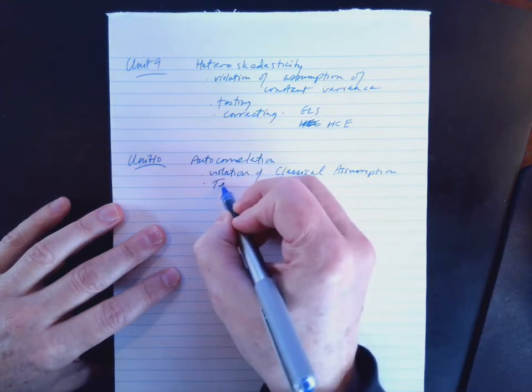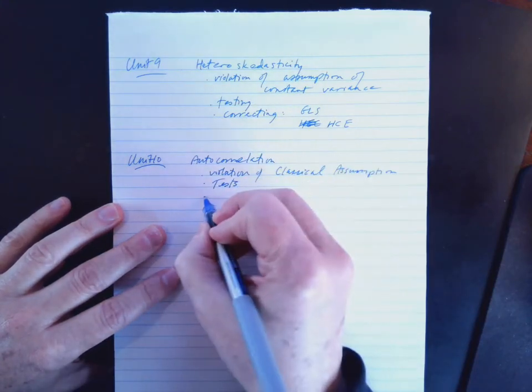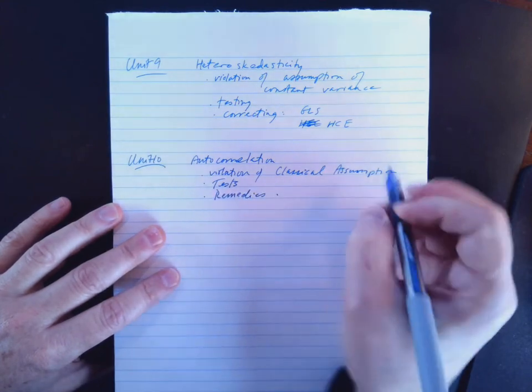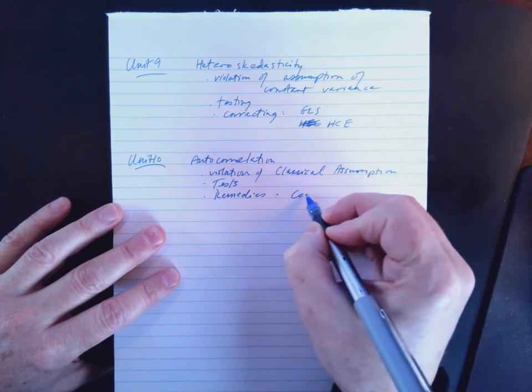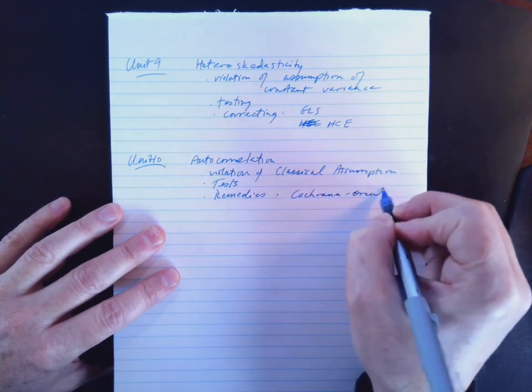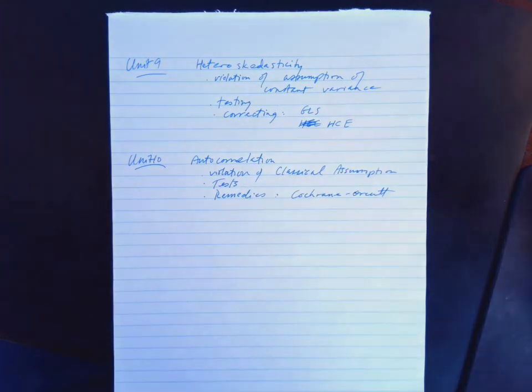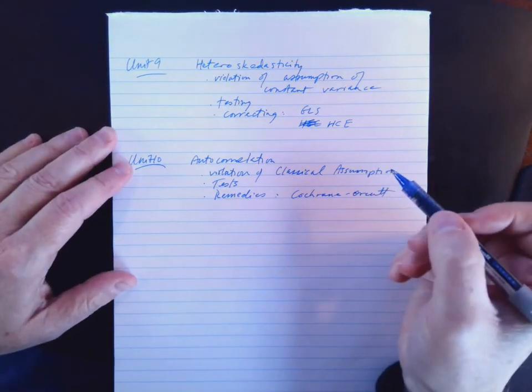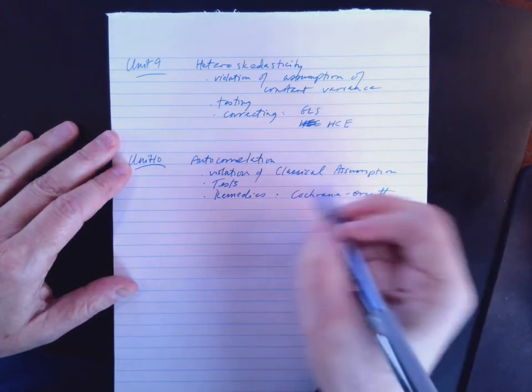Again, we talked about tests for autocorrelation and remedies. One was the Cochrane-Orcutt, which is a GLS model using quasi-differencing of the data. If you have an AR1 process, then that'll give you an efficient remedy.